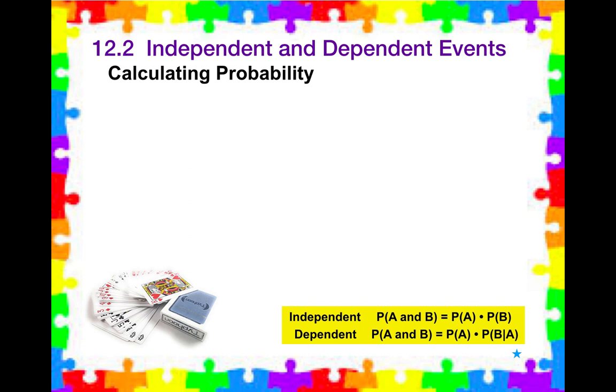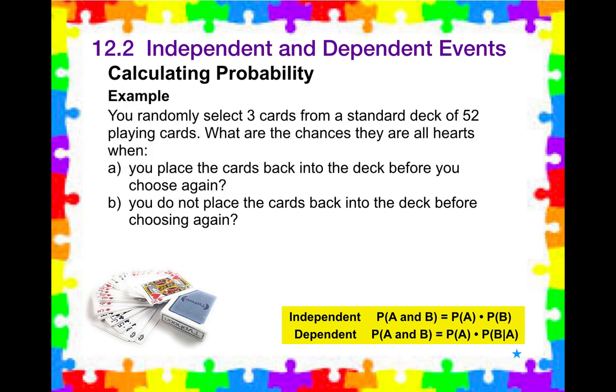Now let's calculate probability. Let's take, for example, a card deck where we select 3 cards randomly. What are the chances that they're all hearts when you place the cards back into the deck before you choose again? So we're going to keep putting the card back into the deck and have all 52 cards to choose from every time. Well, there's a 1 out of 4 chance of getting a heart.